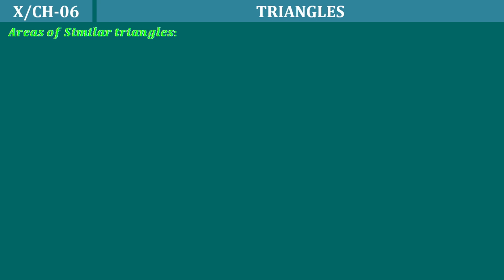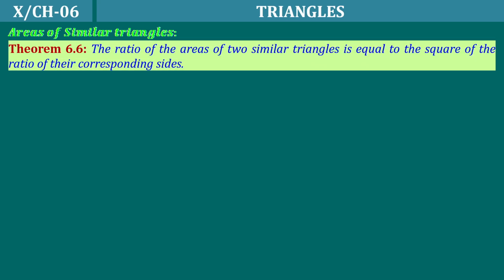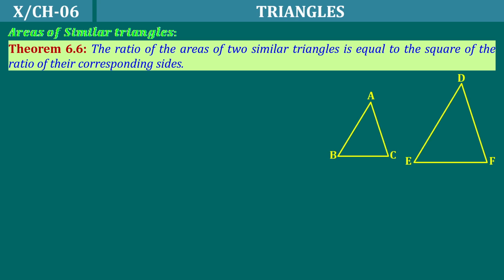Area of similar triangles, and that is theorem 6.6, which reads: the ratio of the areas of two similar triangles is equal to the square of the ratio of their corresponding sides. Here two triangles are given to us, and we have been given that these two triangles are similar.